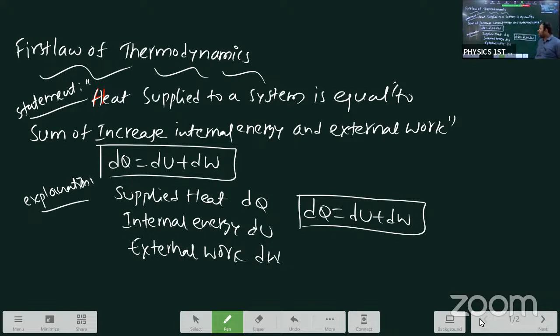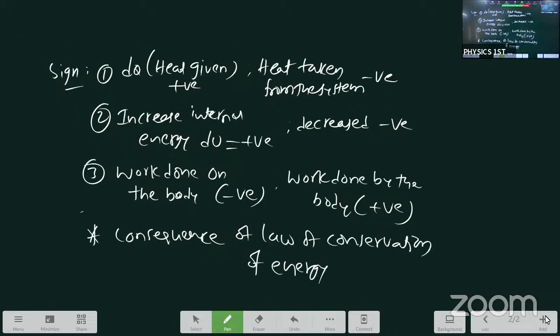Statement: heat supplied to a system always equals internal energy plus external work. This is only the law of conservation of energy. Supplied heat is dq, internal energy is du. Heat supplied to a system increases internal energy and the remaining part goes to external work. dq equals du plus dw.